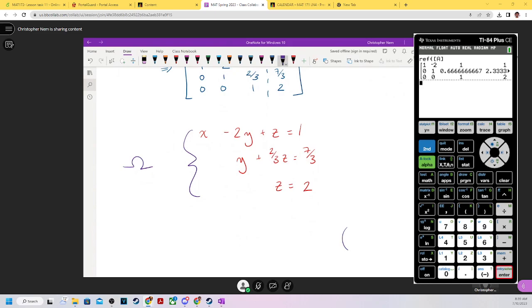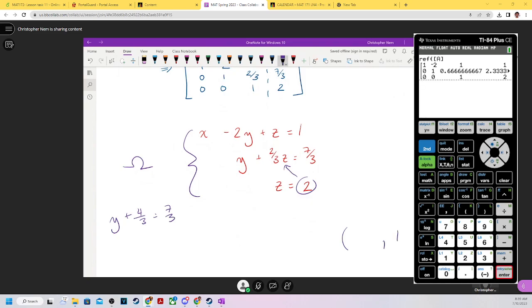Now if I plug in 2 to here, I get y plus 2 times 2 thirds, that's 4 thirds, equals 7 thirds. So y is equal to 1.